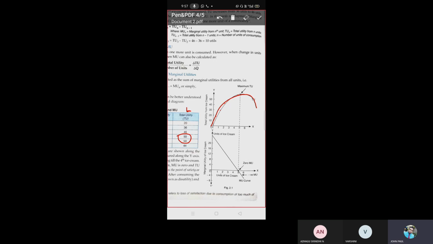Decline means it reduces. So when we join all these points, we will get a graph like this. After the saturated point, that is the maximum total utility, the total utility falls down, it declines.